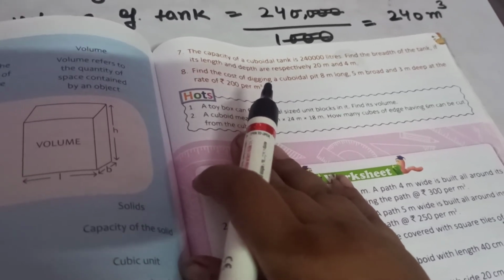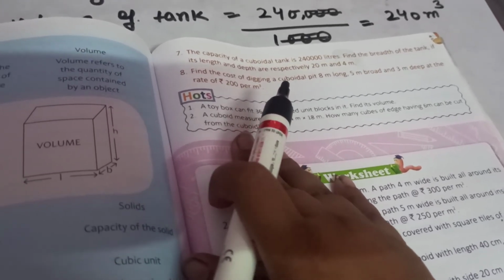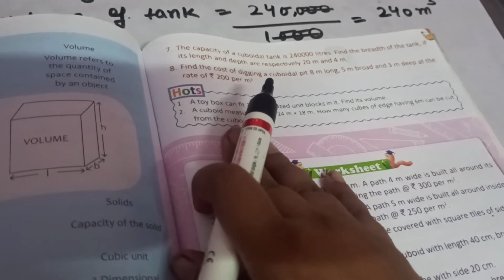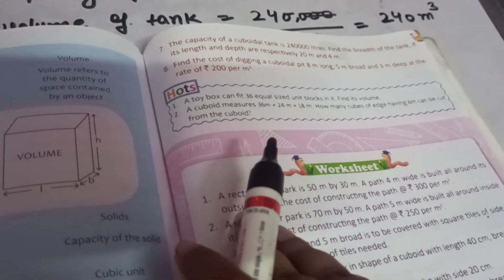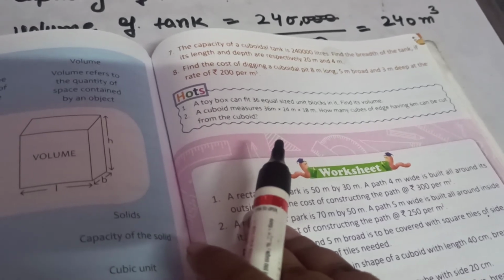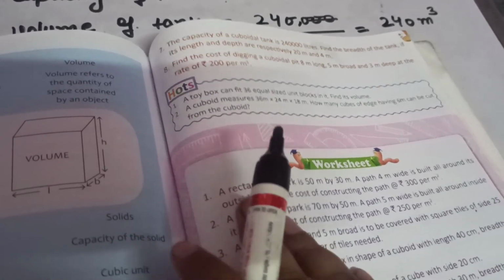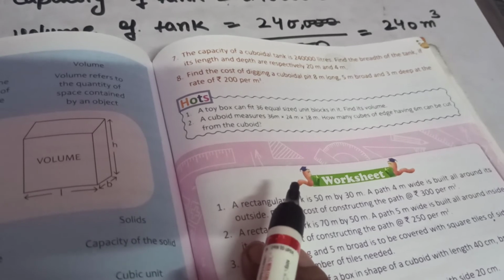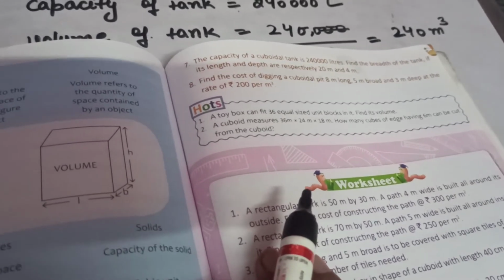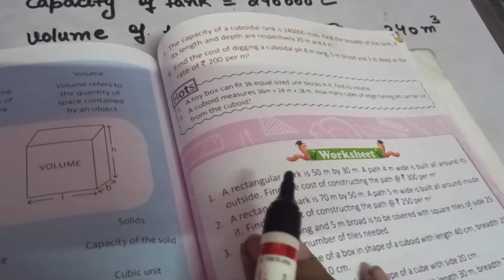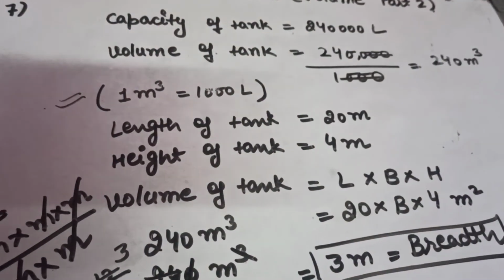That the cost of 1 meter cube is equal to rupees 200. So firstly what we do, we will find the volume of the cuboidal pit, and then we will find the cost of digging it.